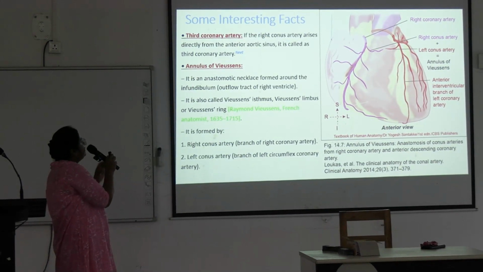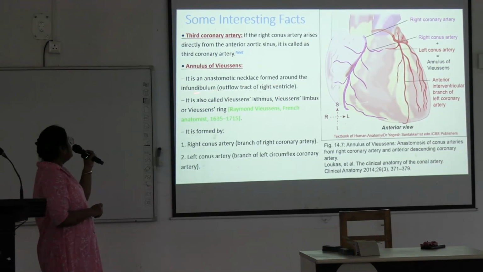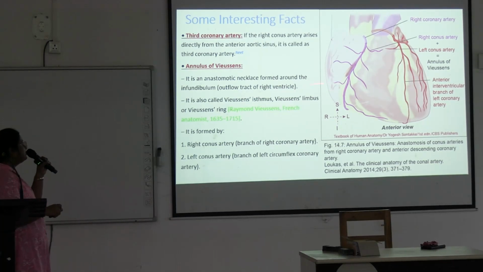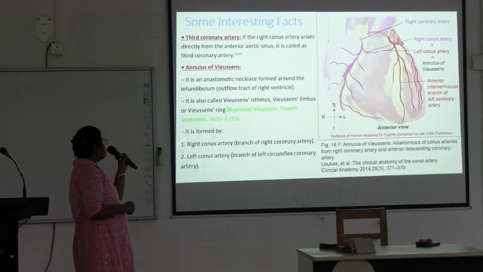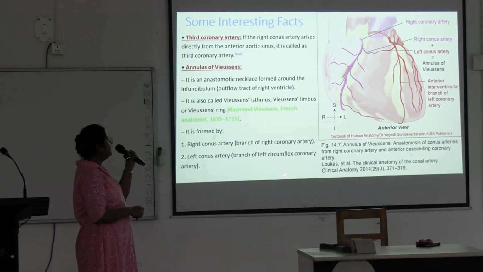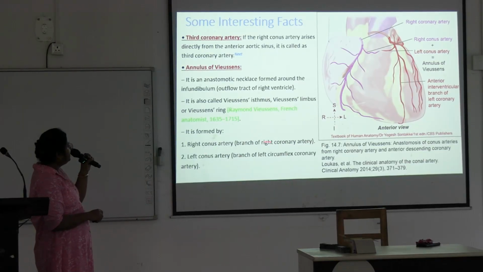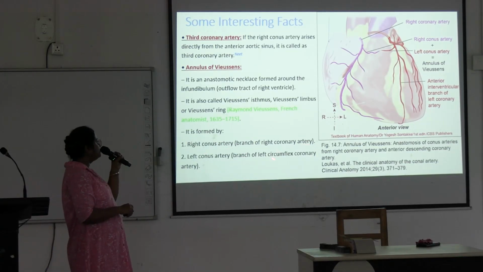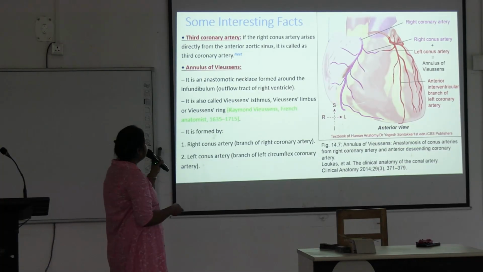It is an anastomotic necklace formed around the infundibulum, that is the outflow tract of the right ventricle, and also called Vieussens isthmus or Vieussens limbus or Vieussens ring. It is formed by the right conus artery and left conus artery. The right conus artery is a branch of the right coronary artery, and the left conus artery is a branch of the left circumflex coronary artery.